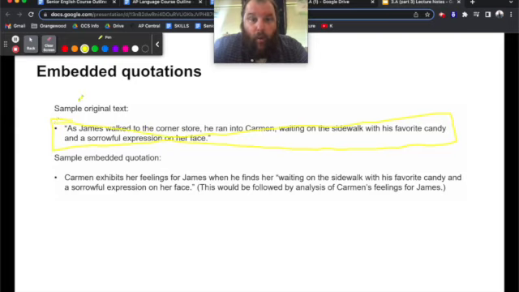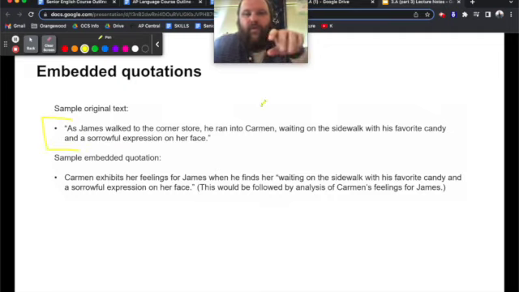What we certainly don't want to do is, in the middle of our essay, stop writing a sentence, and then have the next sentence just say, quote, as James walked to the corner store, he ran into Carmen, et cetera. You don't want to just take that sentence and drop it in your paper. Here's my evidence, check, we're done.